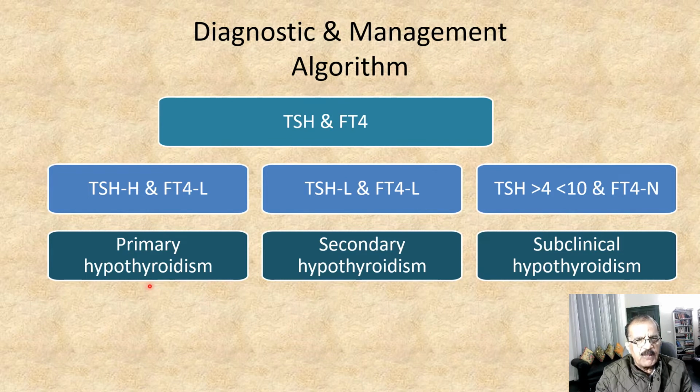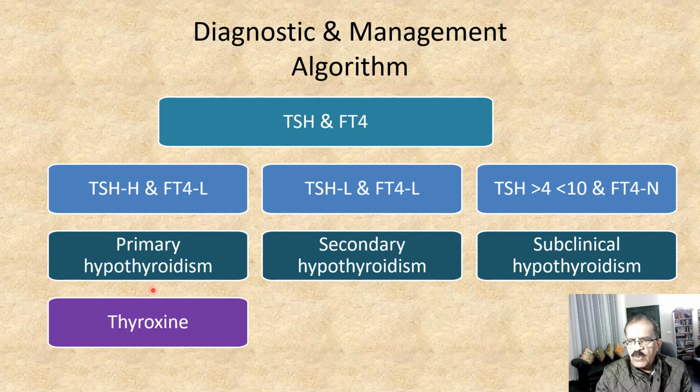In primary hypothyroidism, primarily the problem is the deficiency of thyroxine. So all we need to do is to replace thyroxine. You know, in the body we have T4, which is thyroxine, but we also have T3. So ideally, it would be nice to replace both thyroxine and T3, but many trials have shown that there is no big advantage of replacing both.